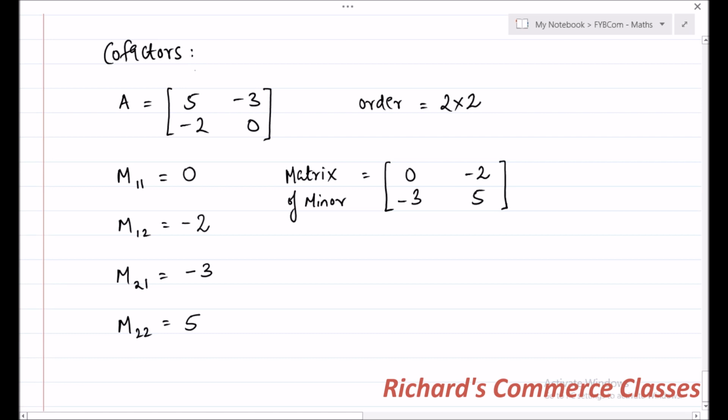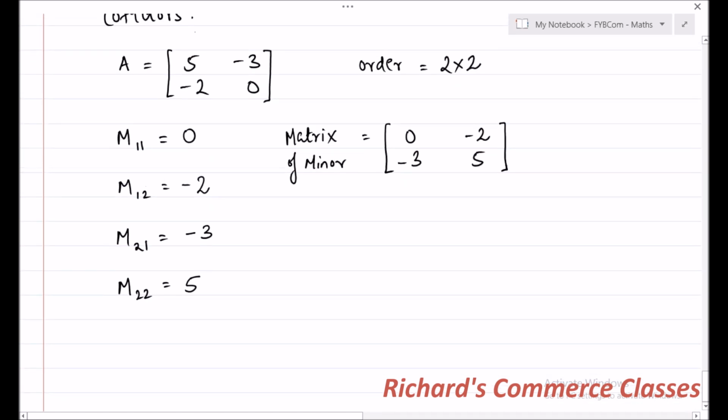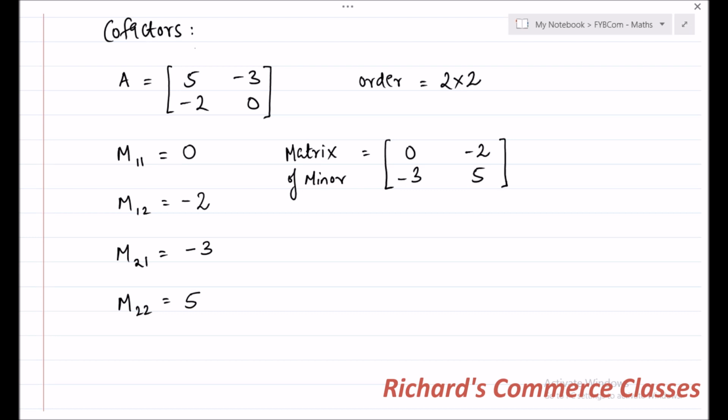For a 2 by 2 matrix, you need to remember a specific diagram. Once you have calculated the matrix of minors, you have to change the sign of some of the elements. Now how do you change the sign?